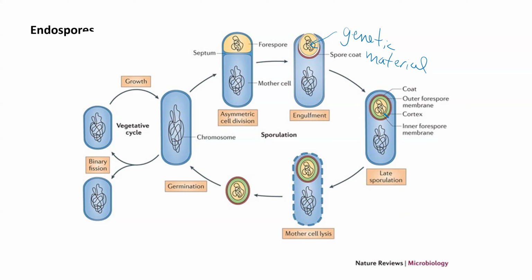As the parent, they call it the mother cell, the parental cell dies off, this remains. And at a later date, if this goes into conditions where the environment is not hostile, it can reform into the original bacterium. So it's a survival tactic, and they have found endospores in all kinds of locations.